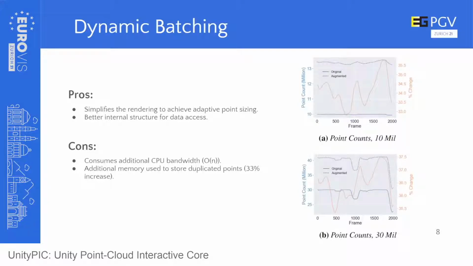For the experiment, we followed a camera path of roughly 2,000 frames and captured the original point count and the new point count after dynamic batching. In the graph, augmented refers to the new point count. And the percentage change is computed for each frame, and you can see that it remains roughly at 33%.